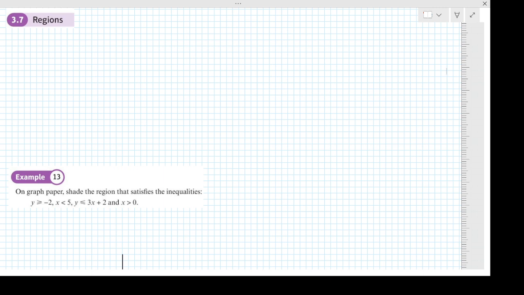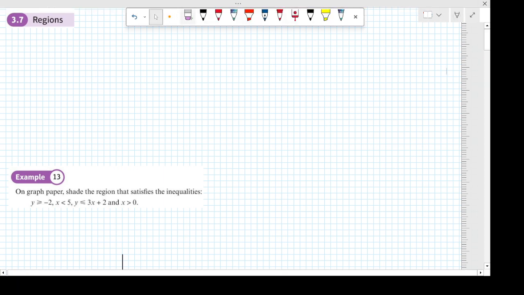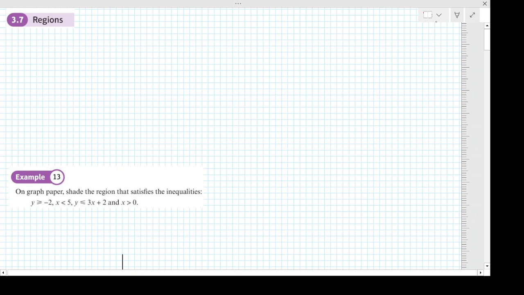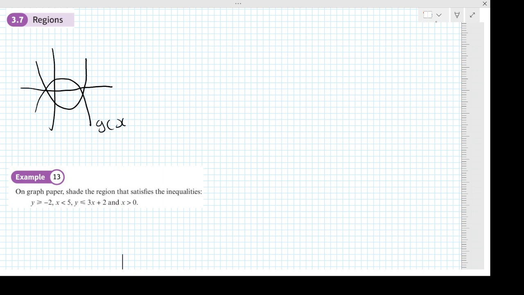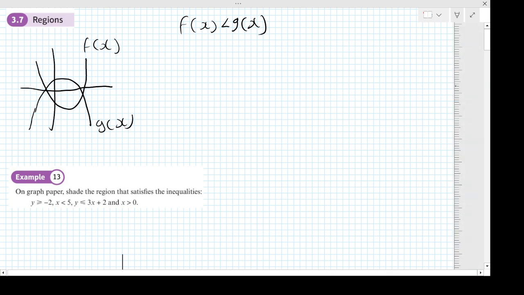So, for example, if we go back to the one example we did last time, if we had these two curves, that's g of x, that's f of x. We looked at where f of x was less than g of x by considering where f of x was below g of x.